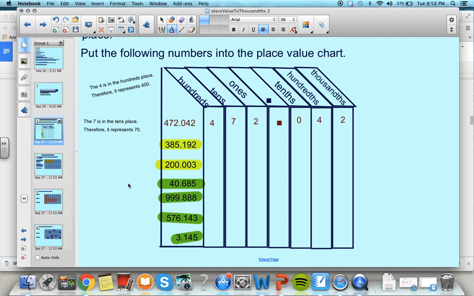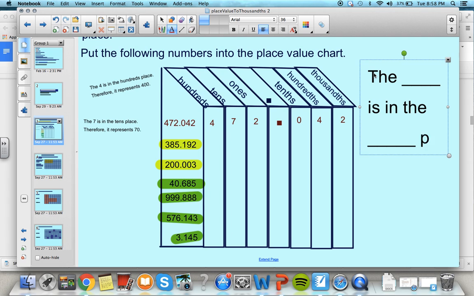Can you see the sentence frame that we're starting to form here? Please make sure that you write this next sentence frame down in your notes. It's very important, so put a box around it or a star next to it. I'll even put it in a different color after this. The blank is in the blank place.